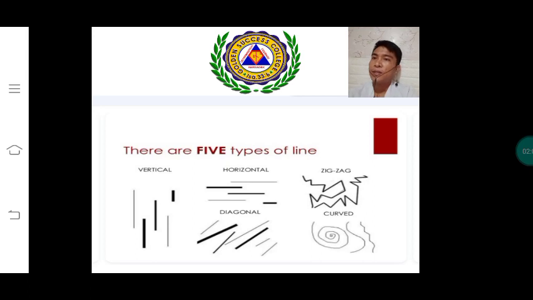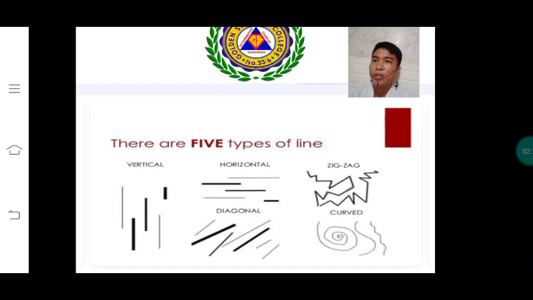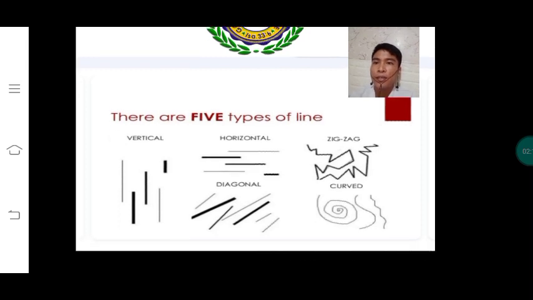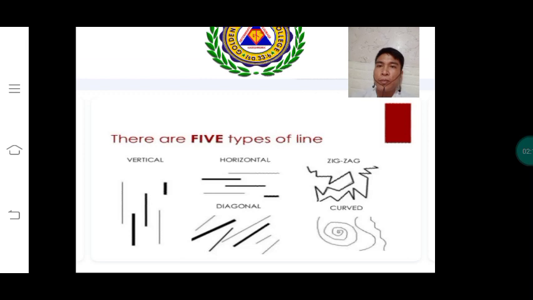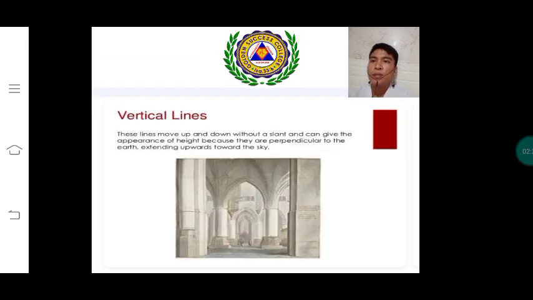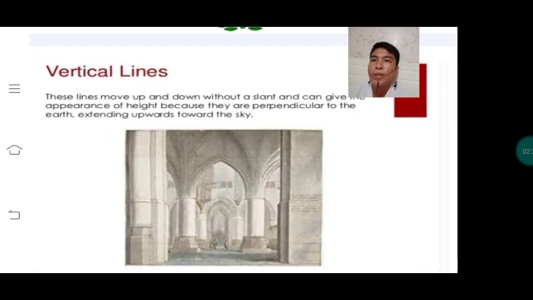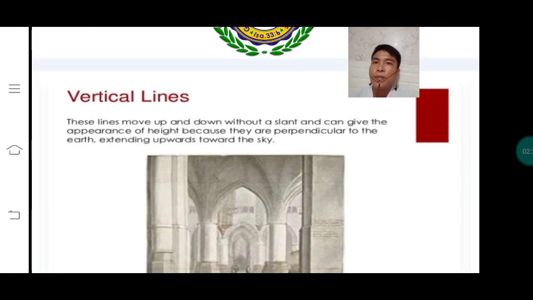So there are five types of lines. In the picture, guys, this is the vertical line, the horizontal line, the zigzag line, the diagonal line, and the curved line. One is the vertical lines.